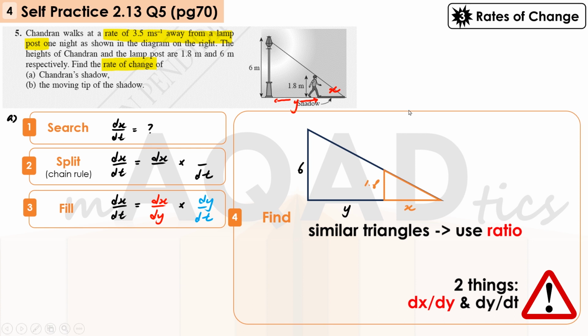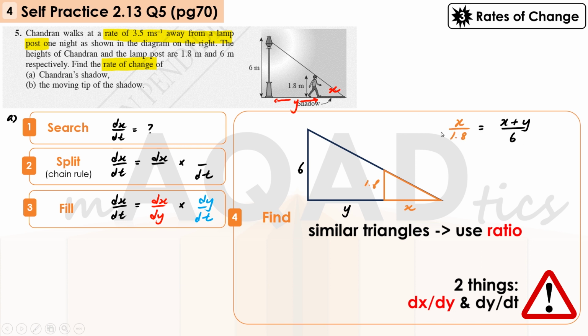Now let's compare the base first. The small triangle's base is x, right? And the big triangle's base is x plus y. So let's put it here. Then we compare the heights. The small triangle height is 1.8. The big triangle height is 6.